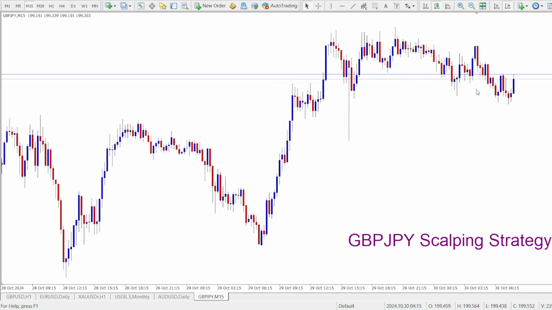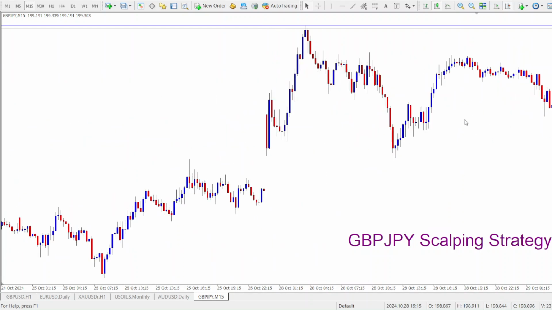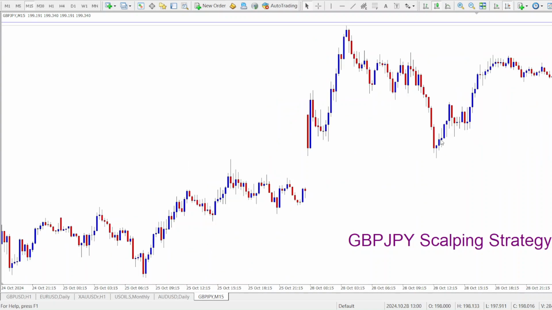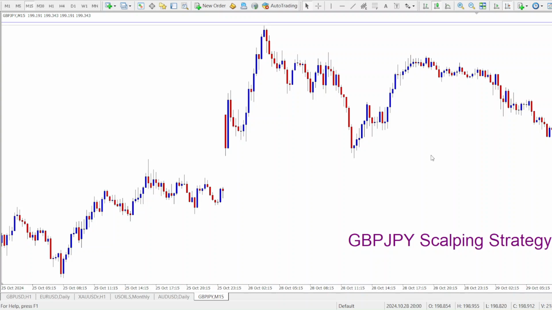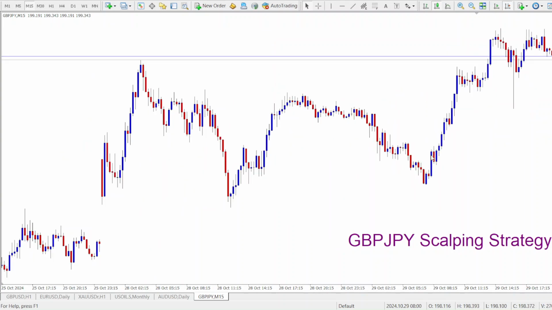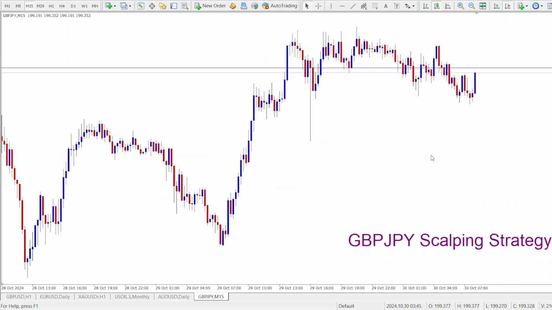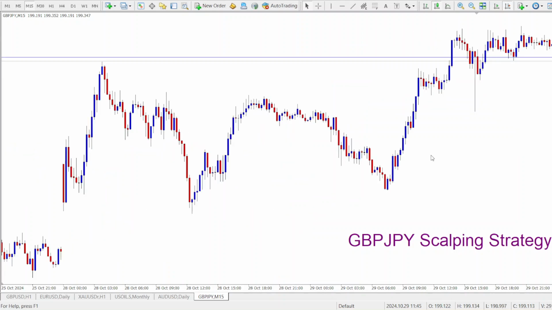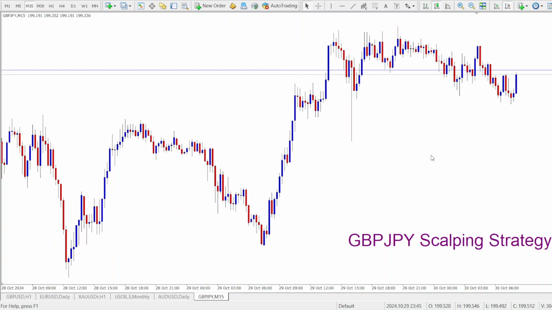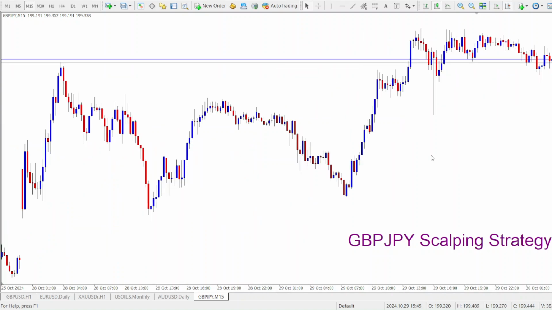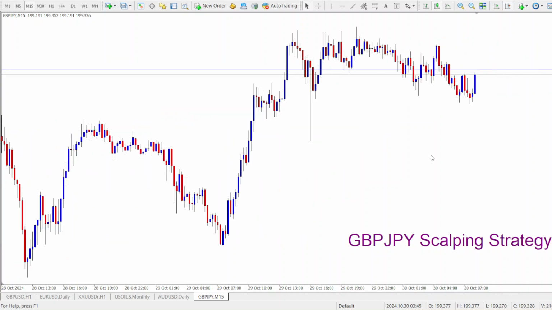Now let's talk about why GBPJPY is so popular among scalpers. Known for its volatility, GBPJPY has great price movements during specific sessions, particularly the London and New York overlaps. Now this is crucial for us scalpers because higher volatility means more opportunities for quick trades within a short time frame.